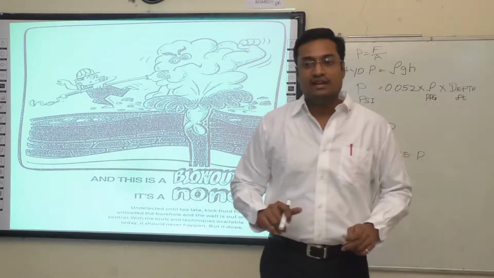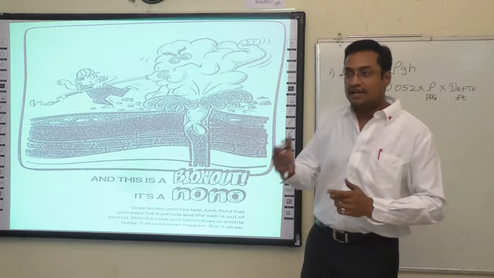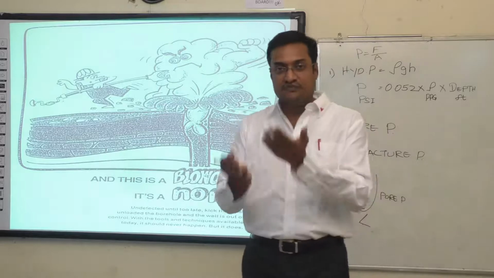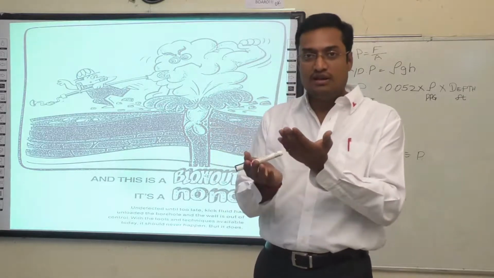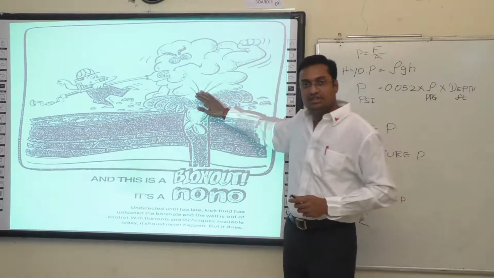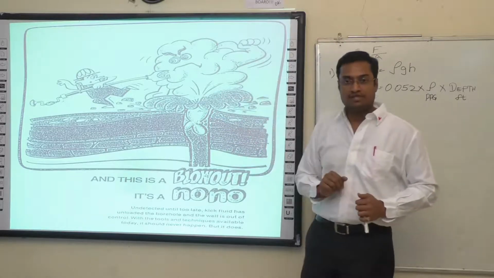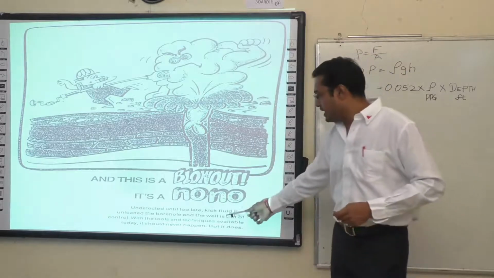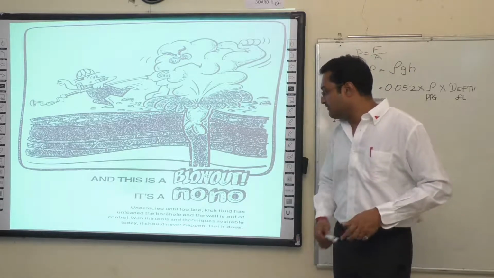So that's why it is always better to keep a watch on the well pressures. When the pressure differences are small, it is easy to control. Don't allow it to come to the surface and cause big damage. So, undetected until too late, the fluids have unloaded the wellbore.